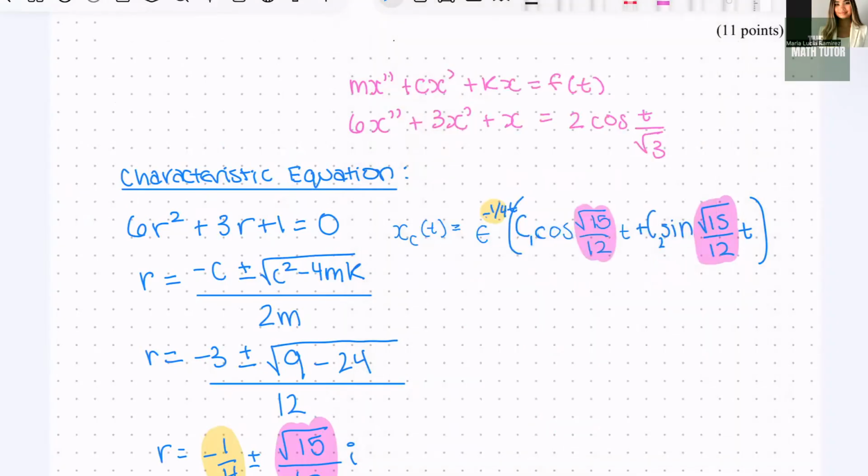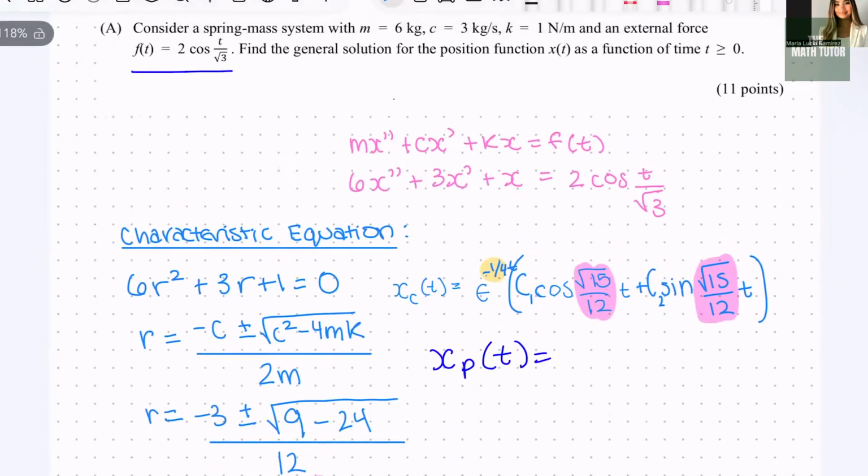Now I'm going to move on to the particular solution. For x_p of t, we're going to use the original external force equation, f of t equals 2 cosine t over root 3. What we're going to use from that equation is the 1 over root 3.